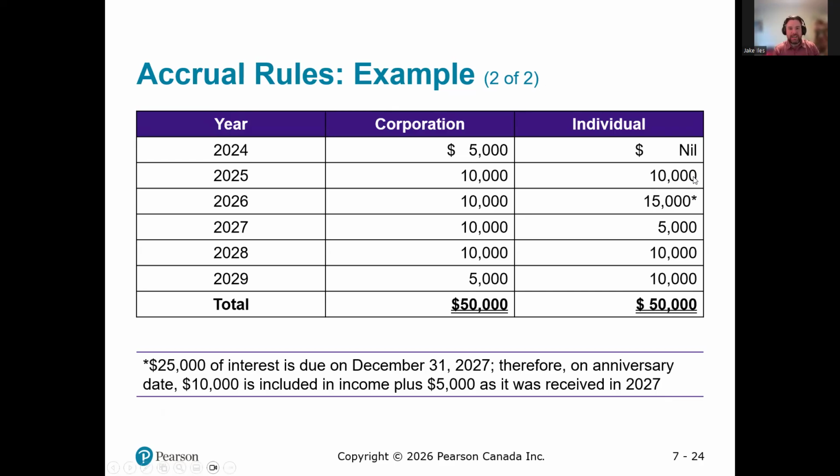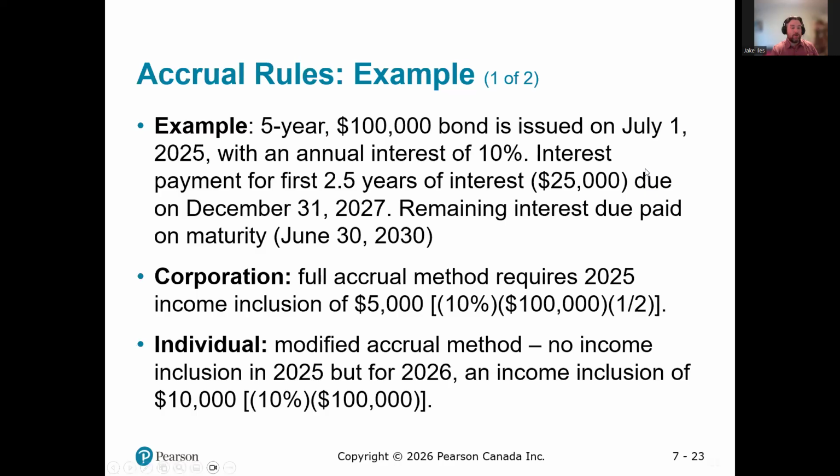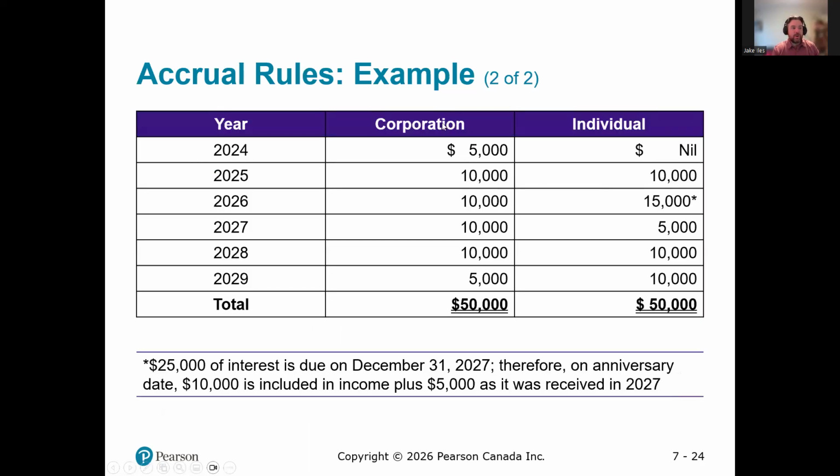Anniversary date, we recognize a year's worth of income. In the next year, we recognize another $10,000 worth of income. That's our accrual. But in that second year, or halfway through the loan, we got paid $25,000.